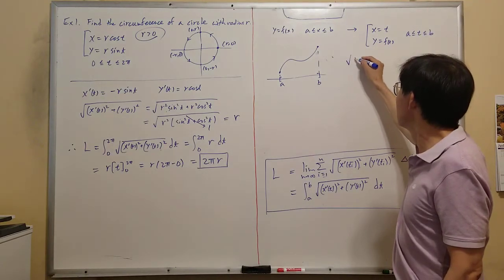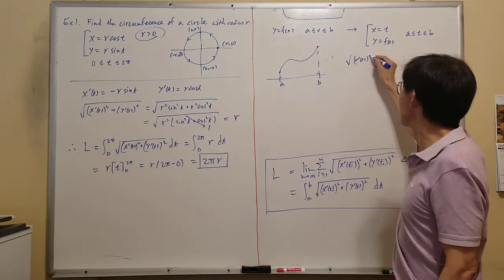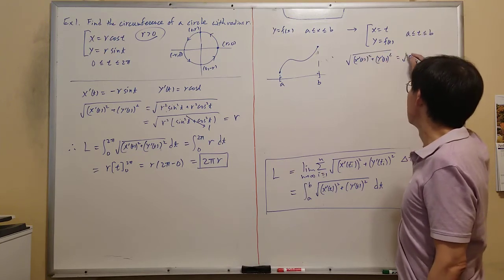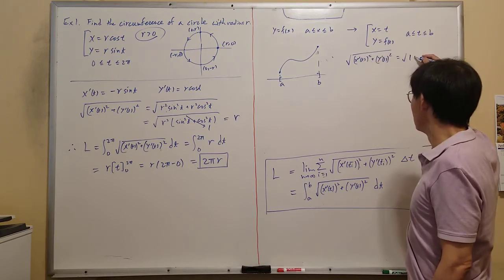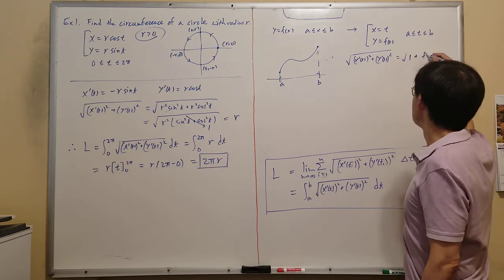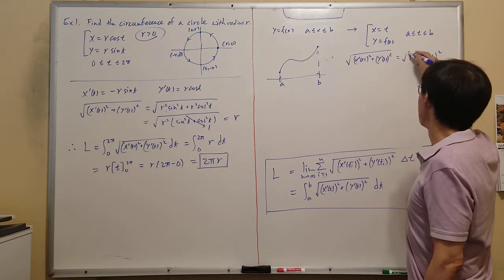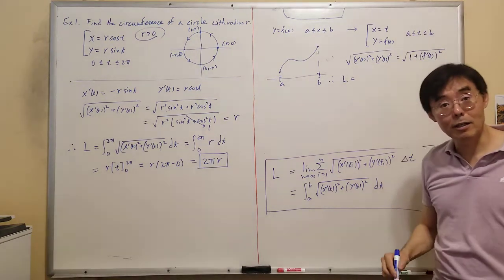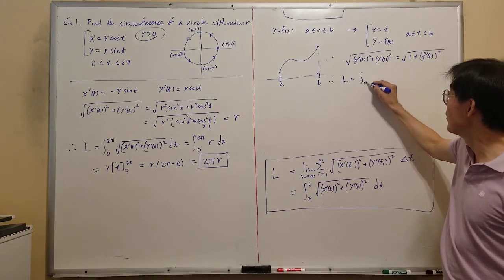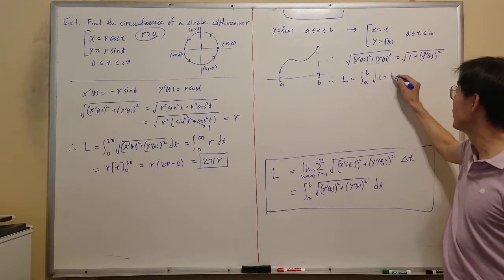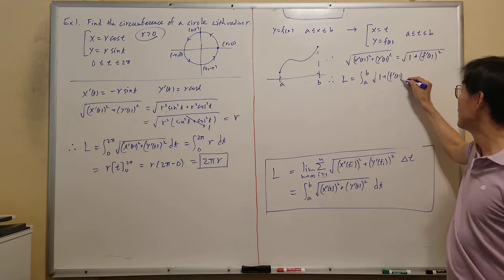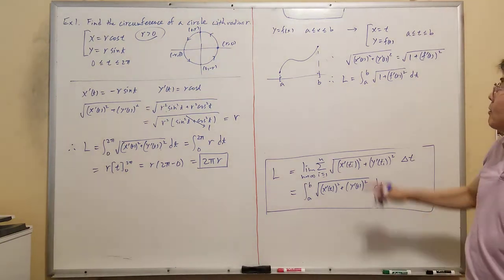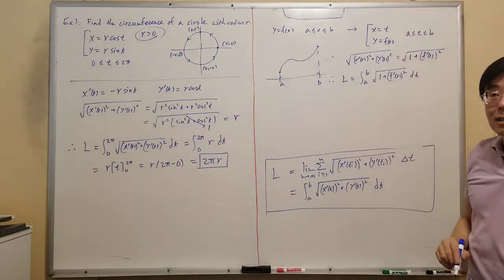So what is x prime of t squared plus y prime of t squared? X prime of t is 1. 1 squared is 1. This is f prime of t squared. Therefore, according to the arc length formula, this is the integral from a to b of the square root of 1 plus f prime of t squared dt.